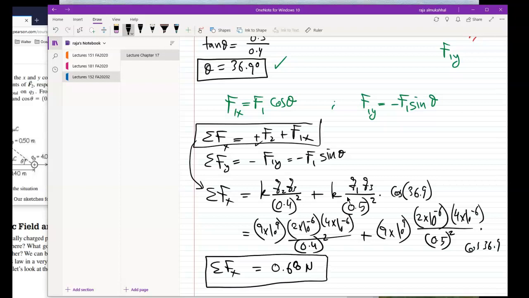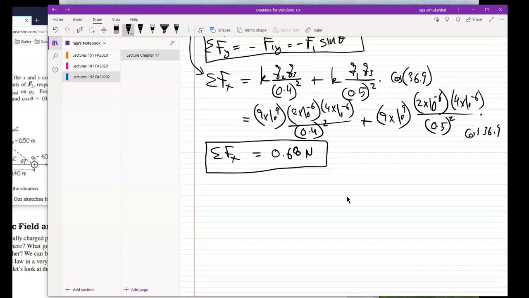I'm going to do the same thing for F sub y, which is right here, this one. Okay? So therefore, sigma F sub y, and I think you can do it, but let me tell you, so minus F1 sine theta, that's just going to be minus K Q1 Q3 over the distance between Q1 and Q3, which is 0.5, right?